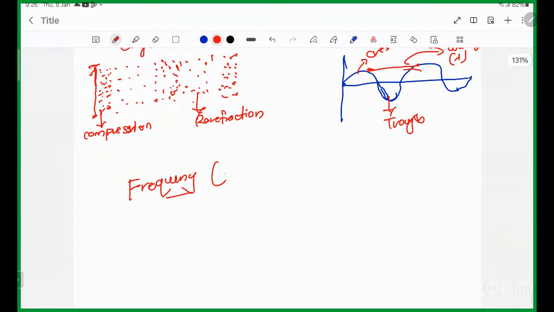We represent it by nu. It is equal to one upon time. The unit is second inverse, also hertz. Hertz is given after the name of the scientist Hertz.